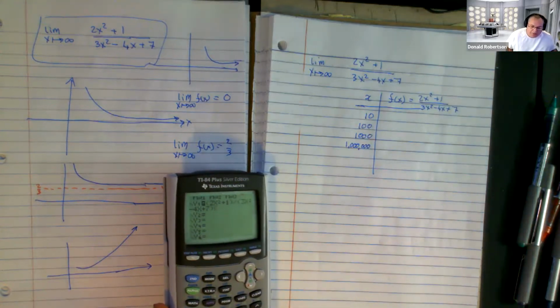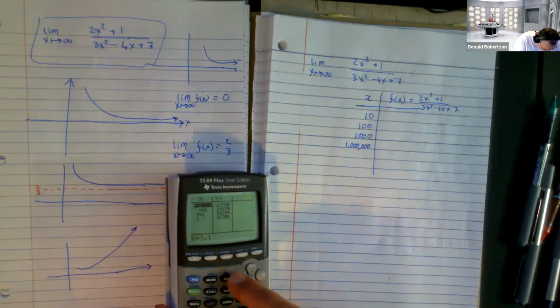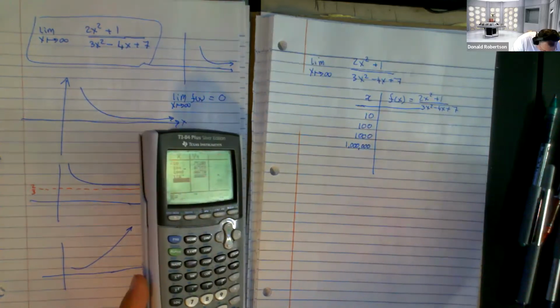So we got that guy. Then over to the setting table, rub out these guys and put in 10, put in 100, put in 1,000, and put in, hopefully that's 1,000,000. Let's see what our answers look like.